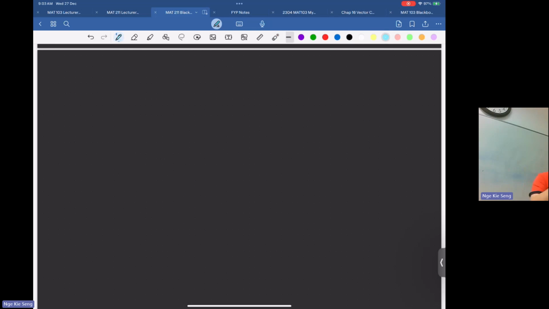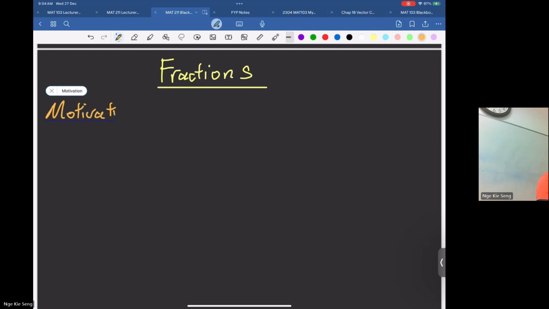Okay, continue. So I want to continue with this fraction part. You can relax a bit if you want. Just listen. What's the story going on? And then try to think about why I do this. So fraction. What is a fraction? I think you know fractions pretty well.